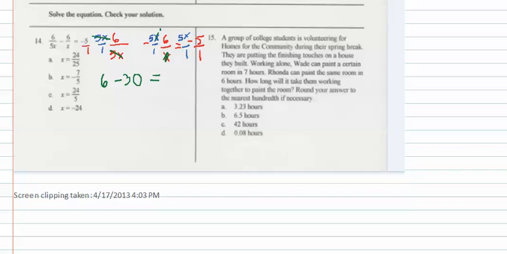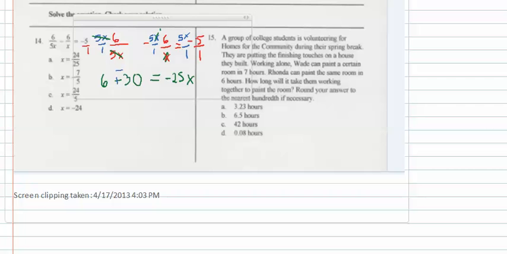And on the other side, nothing cancels, but I need to multiply 5 times negative 5, which is negative 25x. Okay, now I'm going to add these together, and that is going to be 6 and a negative 30.